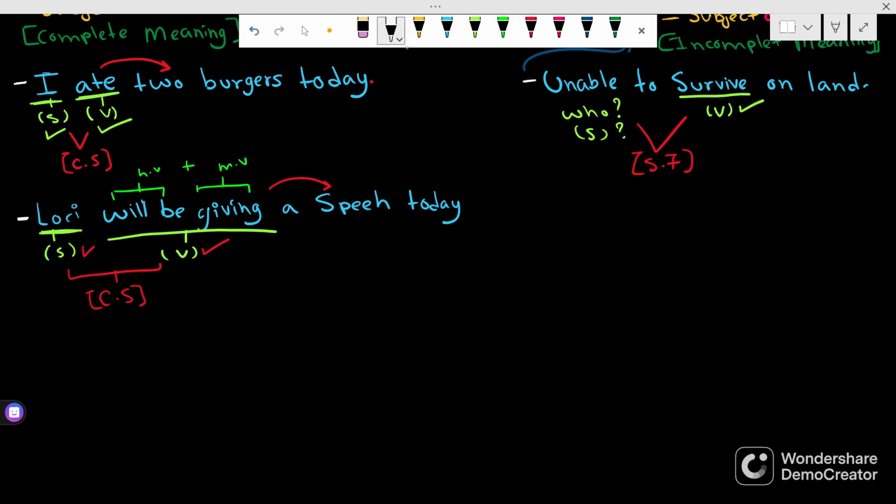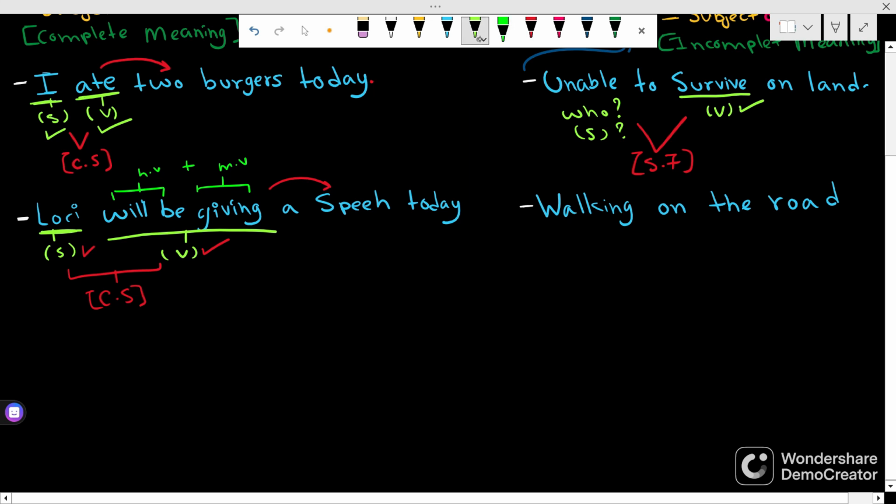Let's take an example for fragment. Walking on the road. In this sentence, we have a verb, walking.